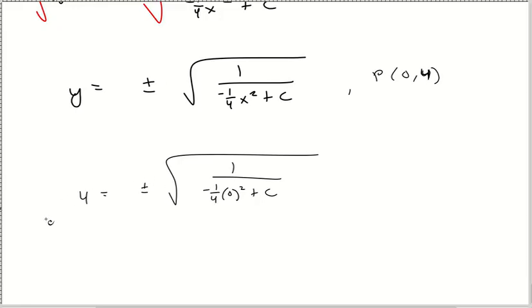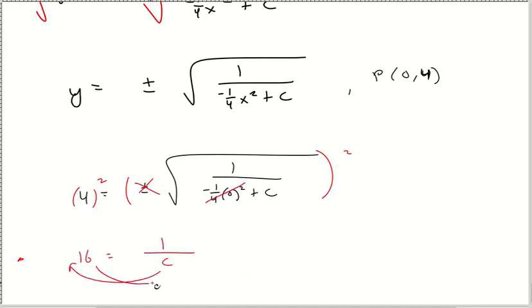But I can at least square both sides. And so what I get is 16 is equal to 1 over, and that's a 0, so it goes away. So c, if you move this down and around, your c is equal to 1 over, I don't have that. I have a 32.